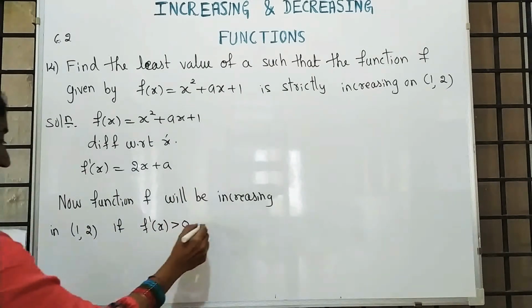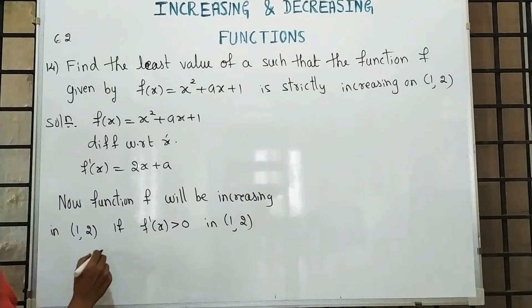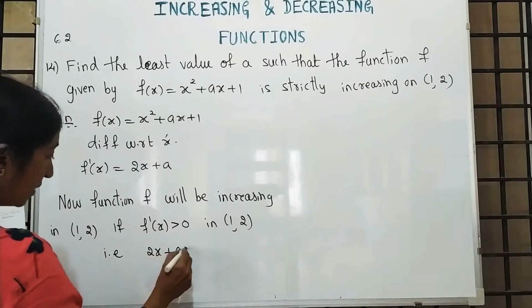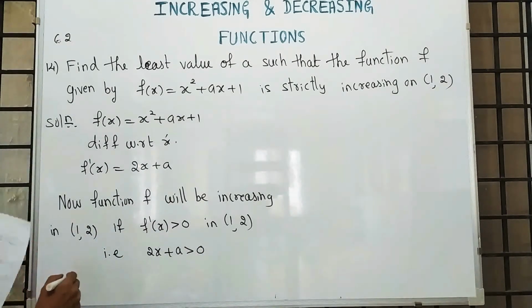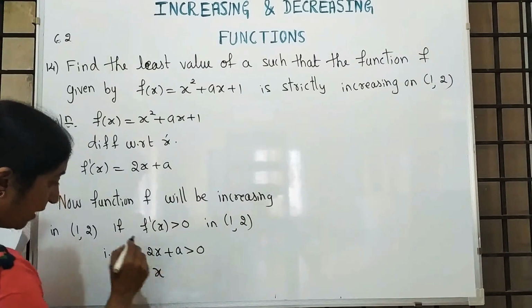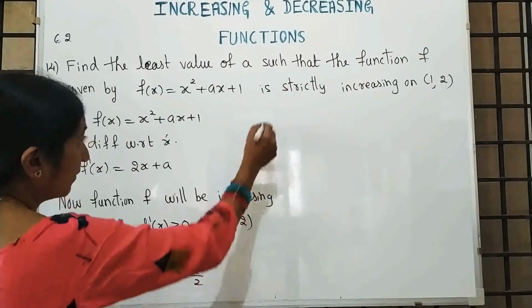What is the first derivative that is greater than 0 in the interval 1, 2? Here what is the first derivative? First derivative is 2x plus a greater than 0. And you are familiar with the inequality. When you solve this, you will get x is greater than minus a by 2.